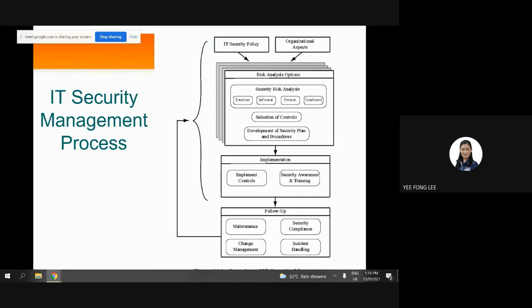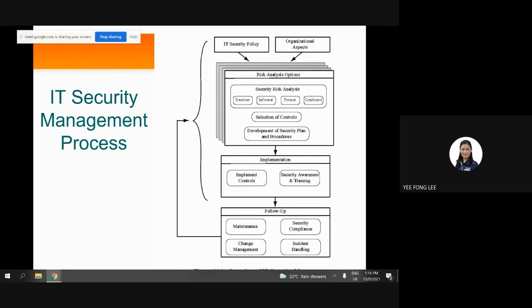That is important to emphasize in IT security management, as required by the organization's overall management plan. This IT security risk assessment process shall be incorporated into the organization's assets as well as business processes.